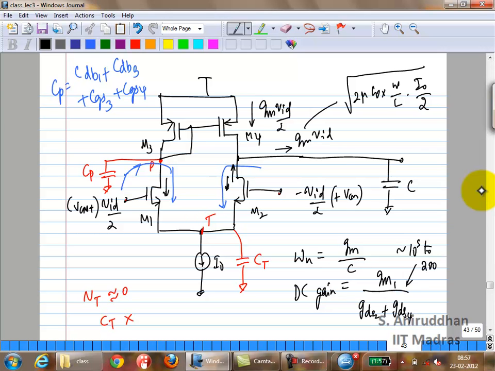So in other words, if you look at the overall noise of this op amp, you're going to get noise from M1, M2, M3, M4. Okay? What about the current source, I naught? Let's say this is just a normal transistor M5, just a current source, a current mirror. Will you get noise from that? Yes?